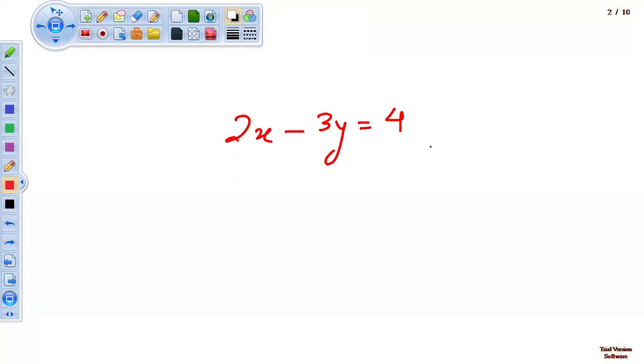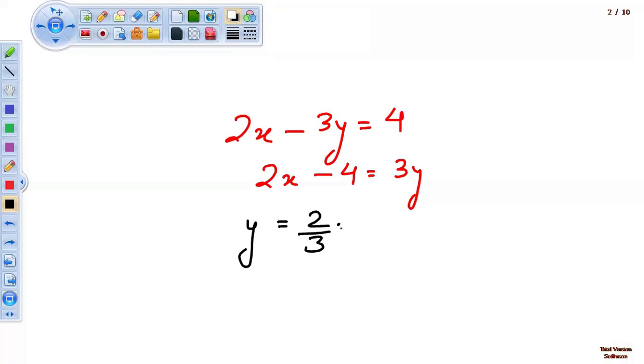So, we'll move this to the other side: 2x, this is positive 4, this would be negative 4, is equal to 3y. By this we can find only y. We want y, so we'll divide by this 3 on the other side. It's multiplying here, so it's divided on the other side. So y will be equal to 2 upon 3 x minus 4 upon 3.